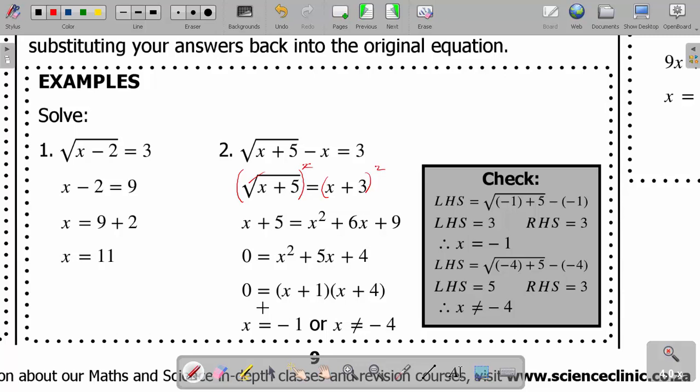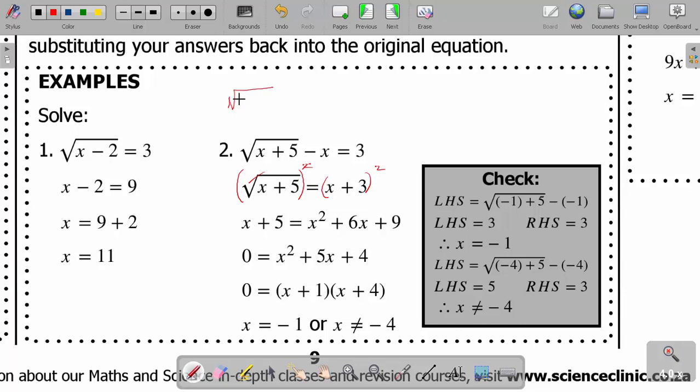But I must remember that if my x is negative 4, what's going to happen to my root? Let's go back and check here. If I put negative 4 here, what is negative 4 plus 5, guys? It gives us positive 1. Let's check it properly.